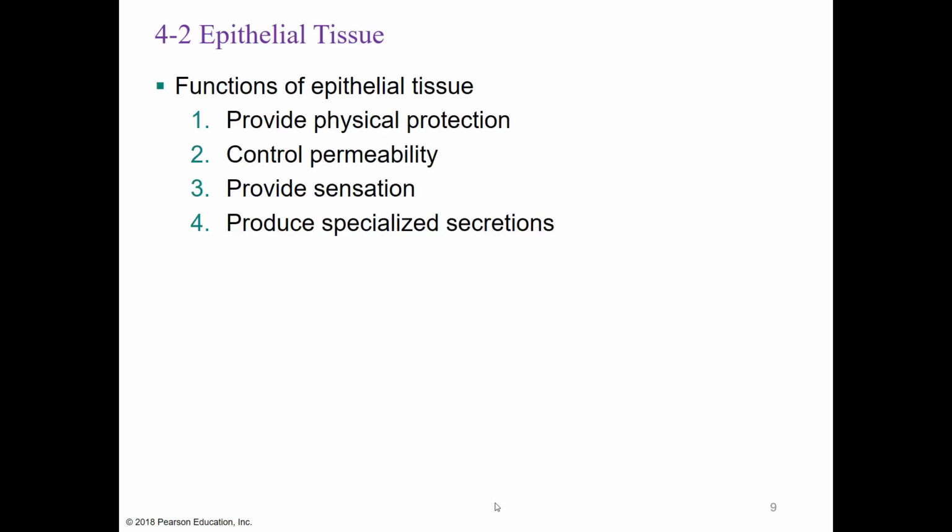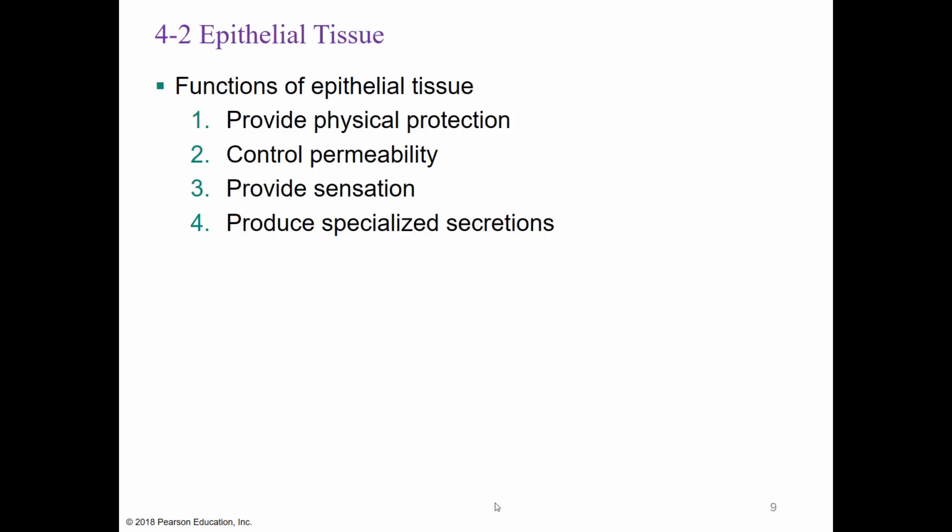So if we think about the fact that epithelia lines and covers body surfaces, one of the first functions of epithelia we might think of would be protection, especially when we're talking about the skin. That top layer of skin is definitely going to physically protect us from our environment. It also can control permeability.